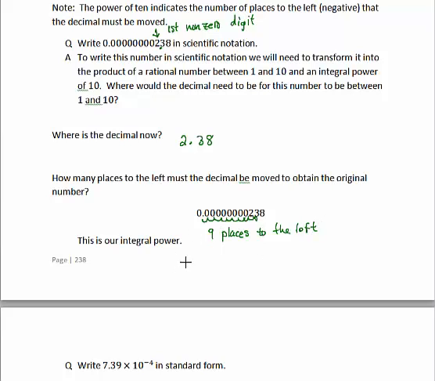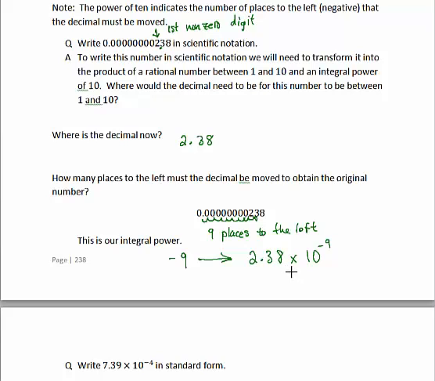And so our integer power is going to be -9. So in the end, we would write this very small number as 2.38 times 10 to the -9.